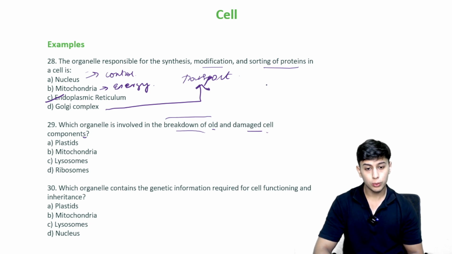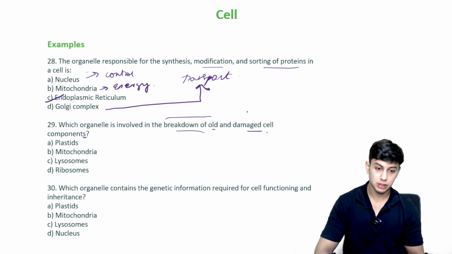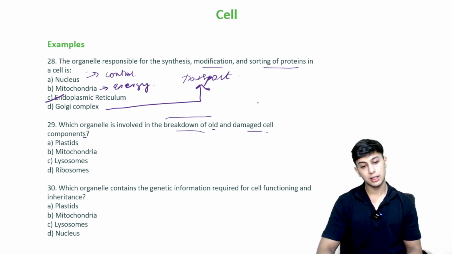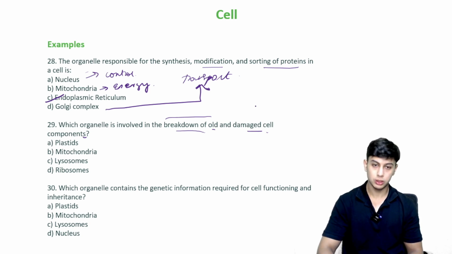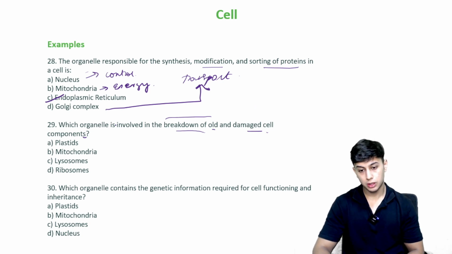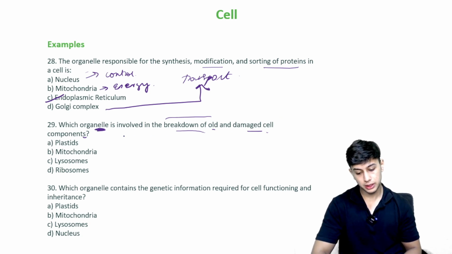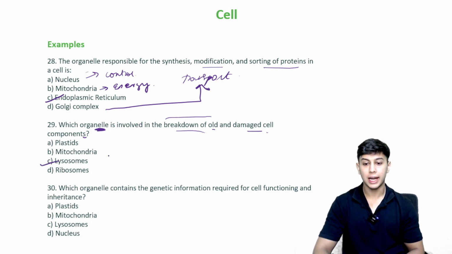Now all the old things inside the cell and the damaged parts, supposedly damaged by weather conditions or anything, and now that the damaged part has healed and a new one has grown, that damaged organelle has to be disposed. So which organelle is involved in the breakdown of all these parts? The correct option is option C, lysosomes.